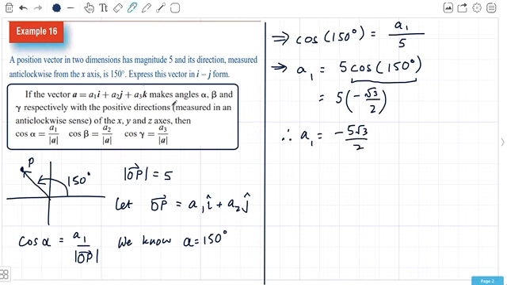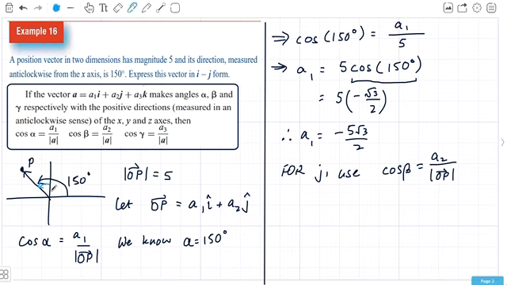The next part, for j, we're going to use the second formula. So cos of beta equals A2 on the magnitude of O to P. And if we have a look at the picture, I'll do this in a different colour, you can see the angle beta that's made with the y-axis is this angle here.